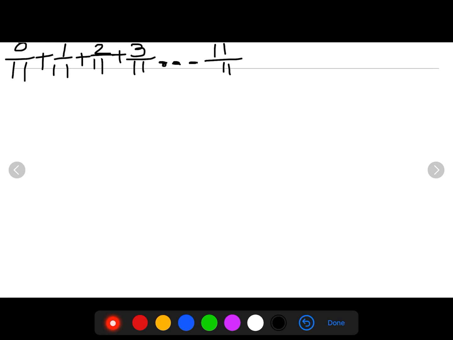Let's try another problem. This time, I want my denominator to be an odd number. Let's do 0/11 plus 1/11 plus 2/11 plus 3/11 all the way to, there go those 3 dots again, 11/11. And I want to find the sum. Who remembers what those 3 dots tell me I need to do?